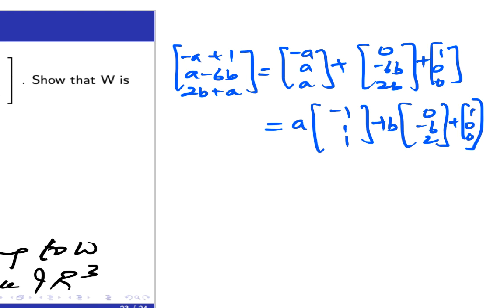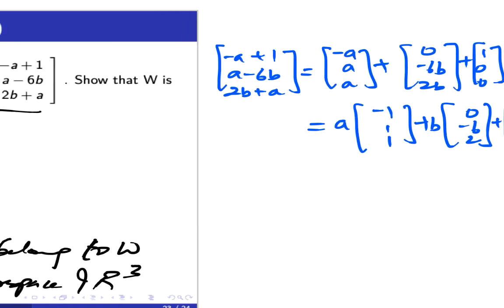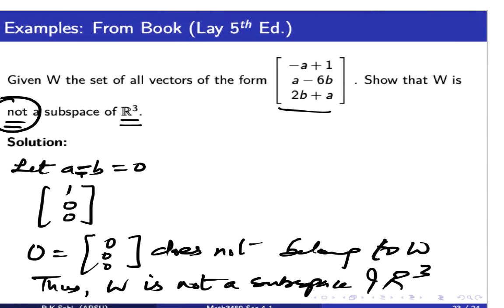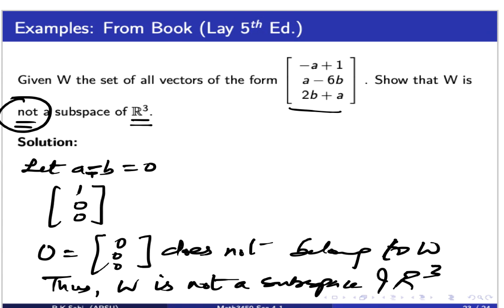Notice, I cannot write this set of vectors as a spanning set, because in a spanning set there cannot be a constant vector which is always added like this one. Do you see that over here? But here's the key: to prove it is not a subspace, one example is needed and it's more than enough.